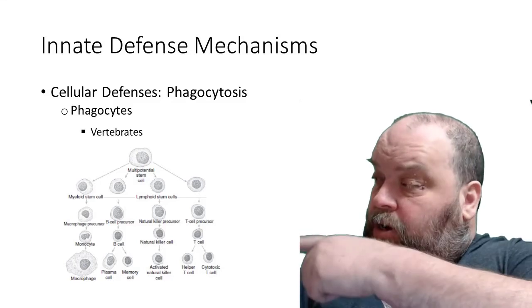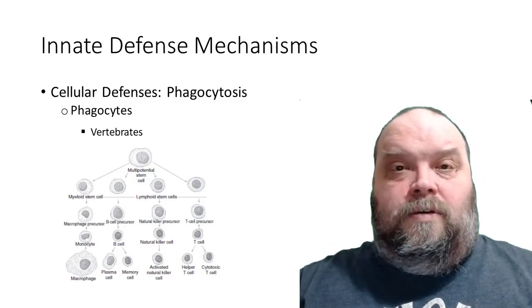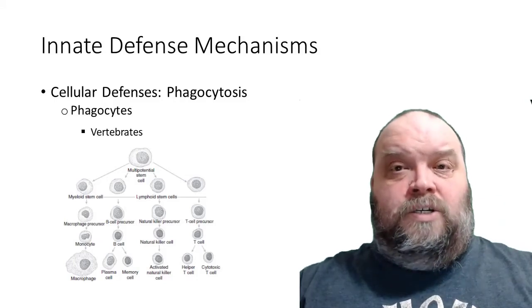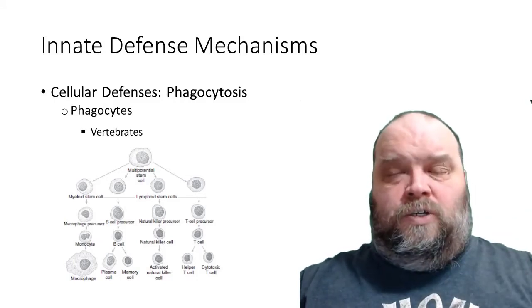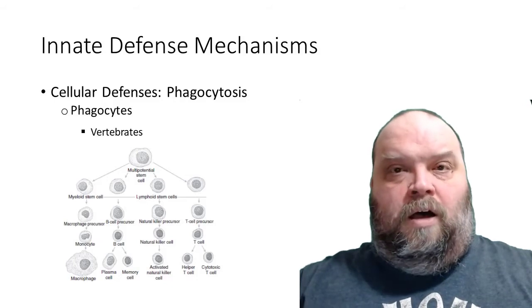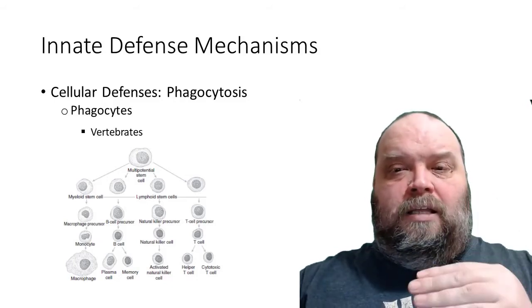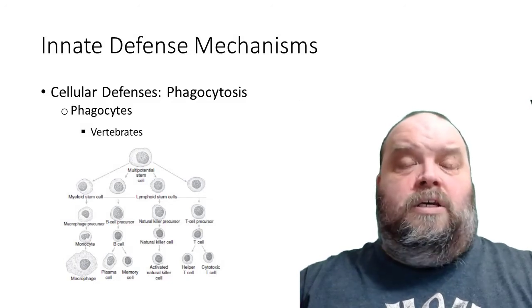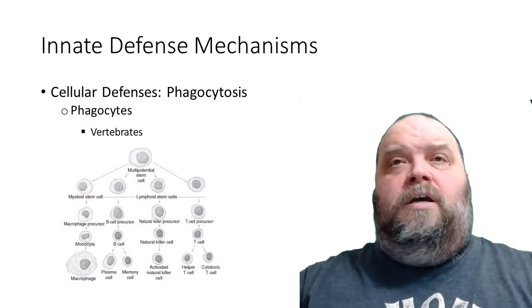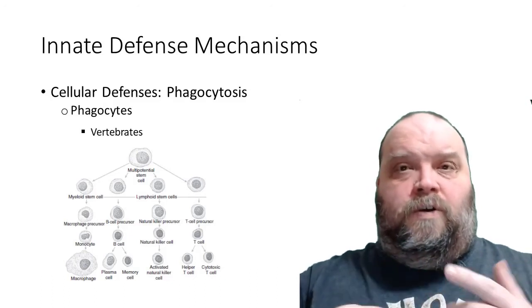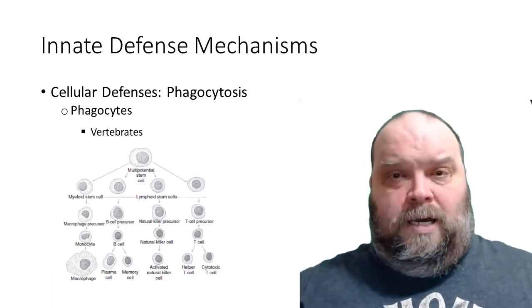Here in the figure on the far left, it shows the different developmental stages, the maturation stages, I should say, of a cell as it becomes the monocyte in the blood, leaves the blood, enters the tissues, and becomes a macrophage. You would see some of the same things for neutrophils, eosinophils, basophils, and whatnot.